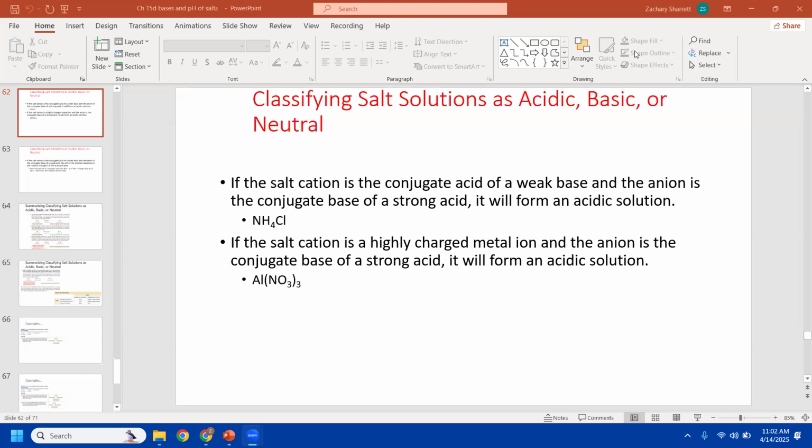But the counter ion of a strong acid, which would be Cl minus, NO3 minus, Br minus, I minus, when we have the list of strong acids, all of those counter ions are what we call pH neutral, okay? Because they will not grab any protons off of water, which would thus make it a slightly basic solution.